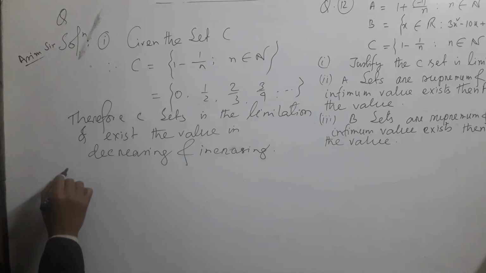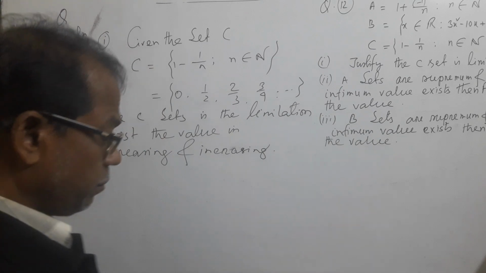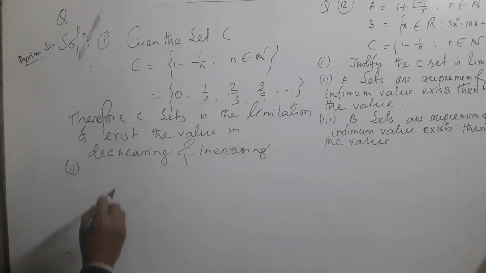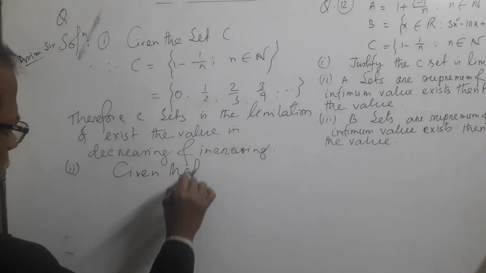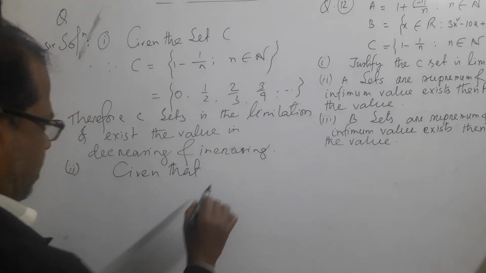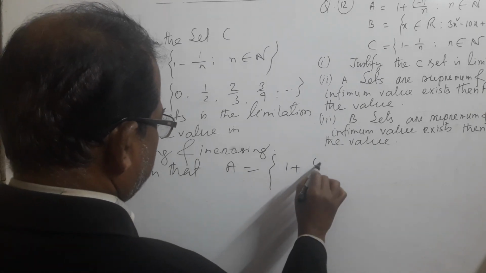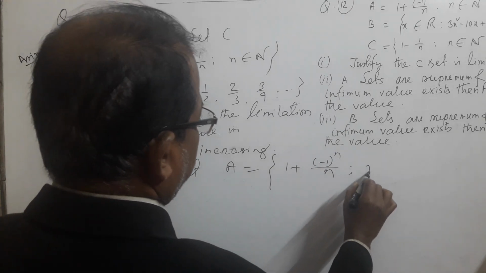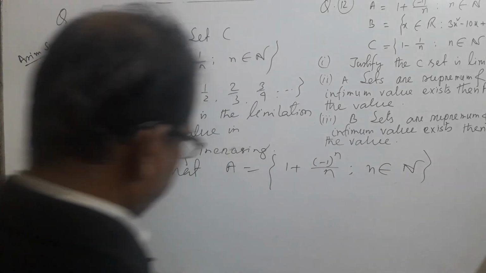And number 2. Given that set A equals 1 plus minus 1 to the power n divided by n, such that n belongs to the natural numbers.